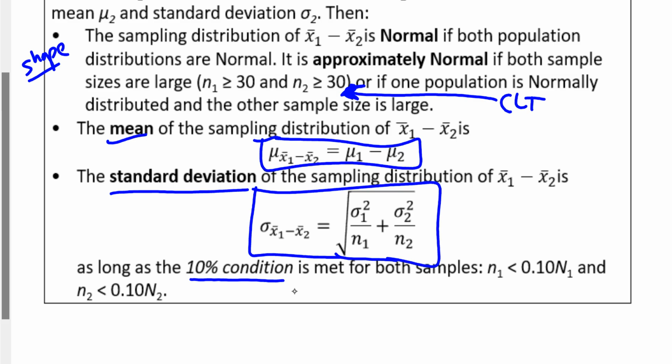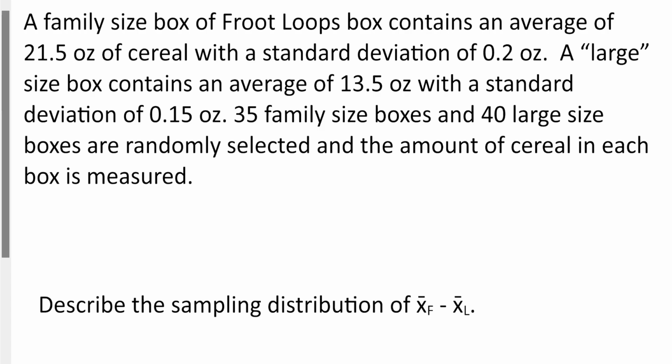Okay, so let's now look at an example or two that deals with a difference in sample means. We've got a family size cereal box. A Fruit Loops box contains an average of 21.5 ounces of cereal with a standard deviation of 0.2 ounces. And a large, because they have all the different sizes of boxes: family size, large size, mega size, whatever.